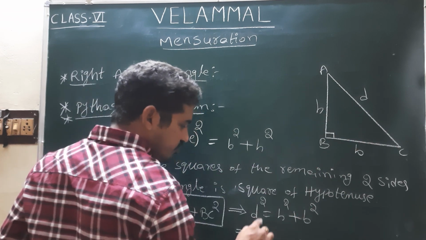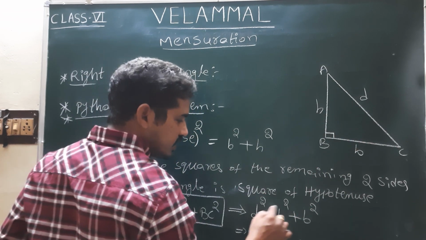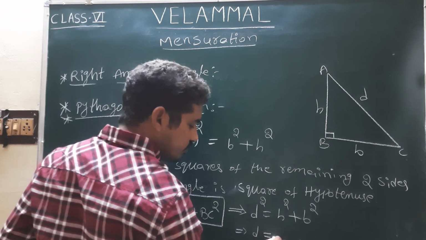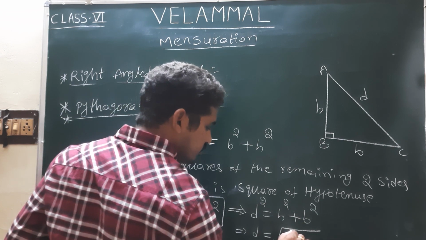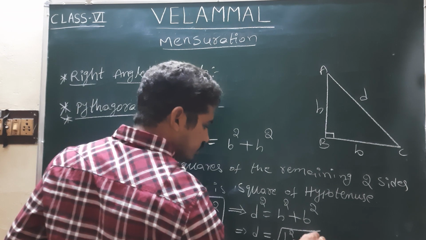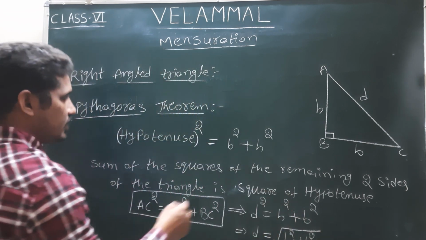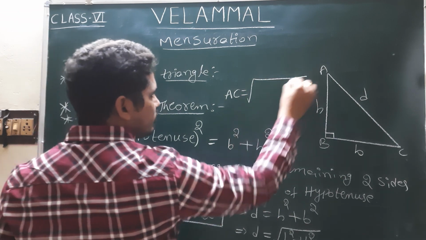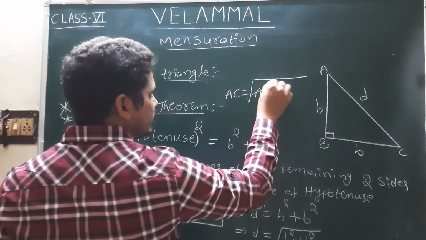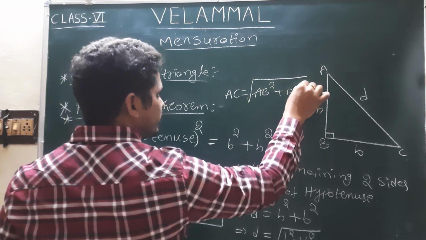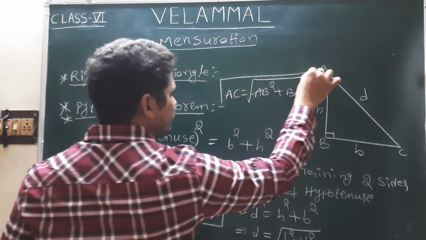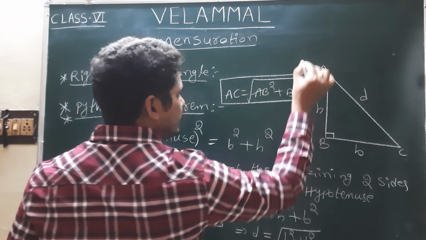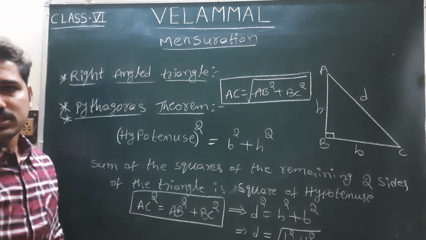If we remove the square on the left hand side, a square root will come on the right hand side. So hypotenuse AC is equal to the square root of AB square plus BC square. It is a very important formula, you need to remember. It is called the Pythagoras theorem.